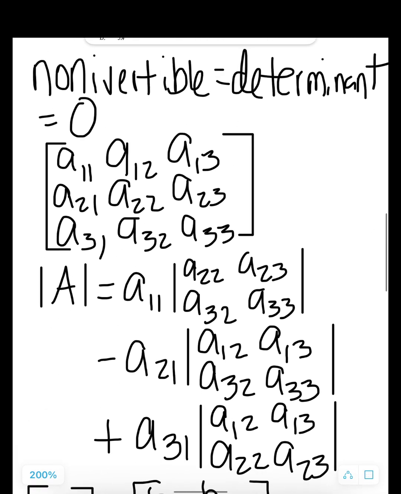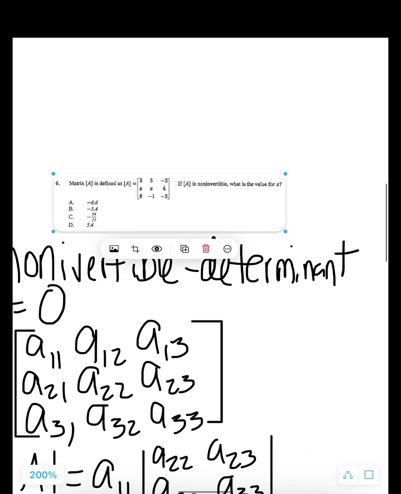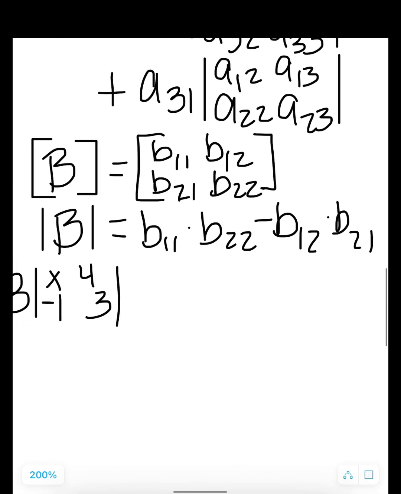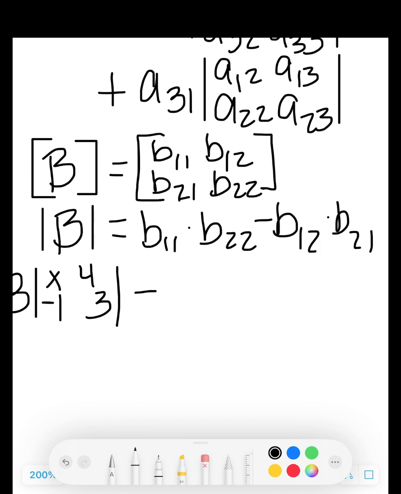So 3 again is this first value, and then we make our matrix x, 4, negative 1, and negative 3, because those are the ones not in the same row and column. Then we're going to subtract x, which is that 2, 1 value in our original matrix, times our new matrix, 5, negative 2, negative 1, negative 3.